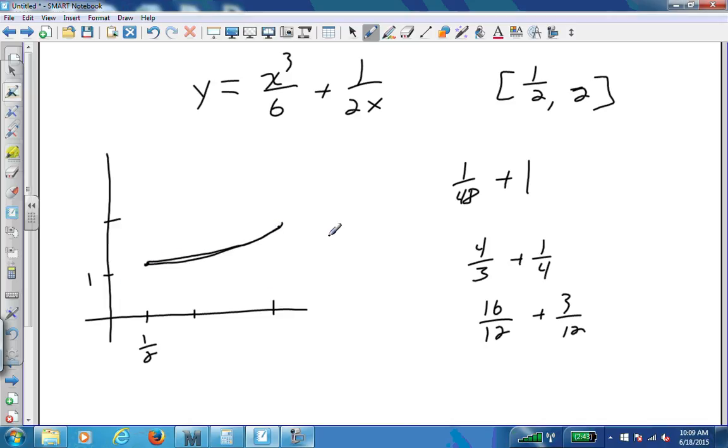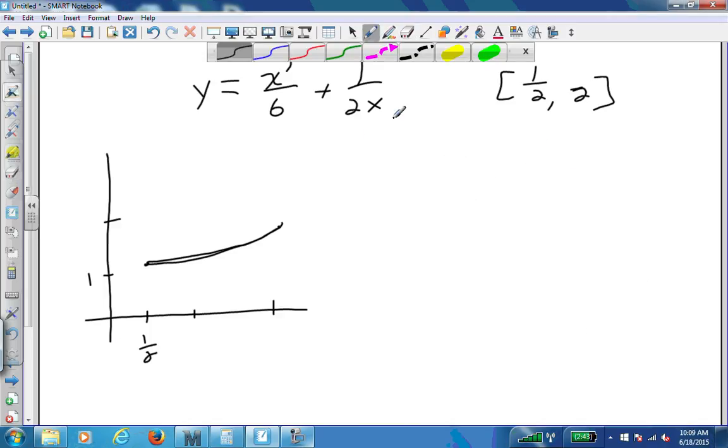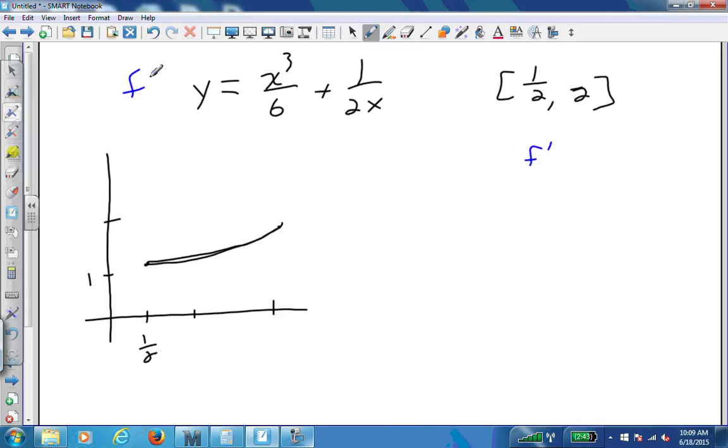So if we want the length of that, we need our derivative. Let's just call that function f of x. So we want the derivative of that. Let's rewrite that as 1/6 x cubed, bring the 1/2 out, bring the x up, x to the -1.